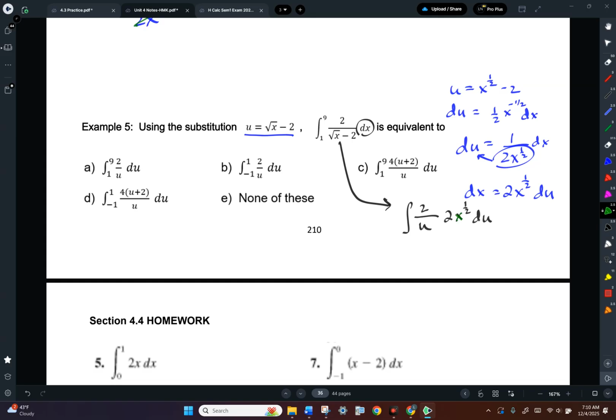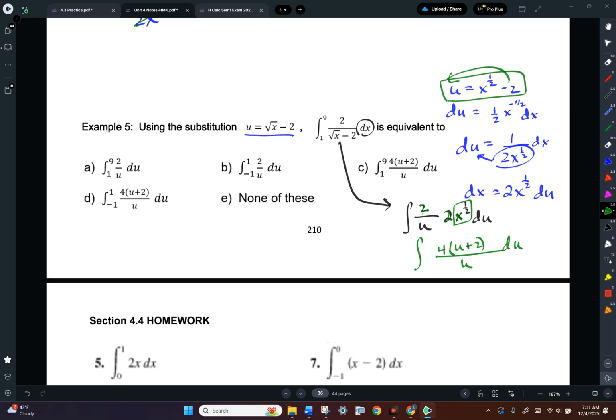Well, what could I put in place of x to the 1/2? Well, look at this. Wouldn't x to the 1/2 be u plus 2? So in place of this, I have u plus 2. The 2 times 2, this 2 and this 2, is just a 4. And it's still over u. Okay, so now I'm all in terms of u.